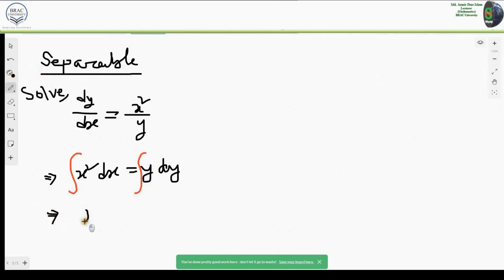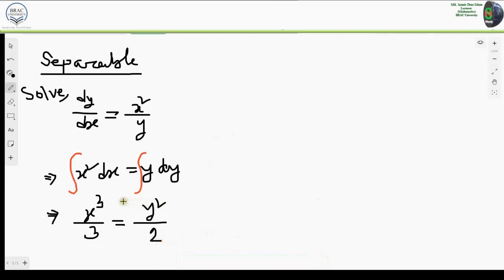So you know that integration of x squared is x cubed by 3 and integration of y is y squared by 2. Here we have two indefinite integrals. An indefinite integral always contains a constant, so the first integral will give us constant c1 and the second integral will give us constant c2.